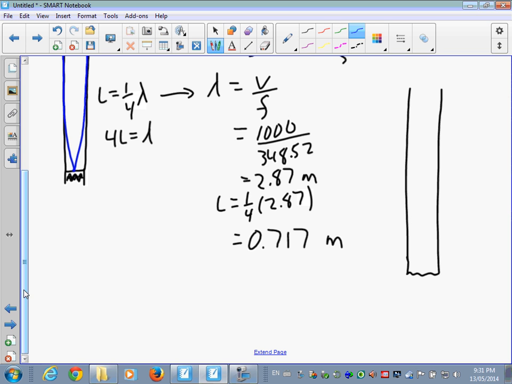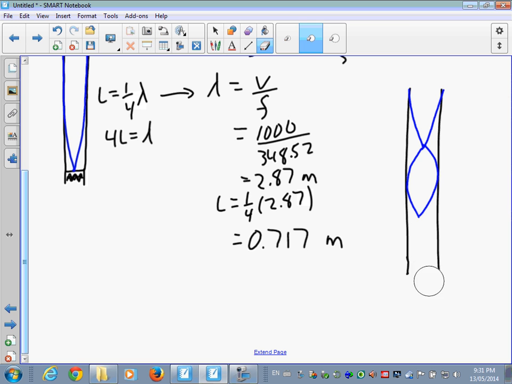So this is what we had, 71.7 centimeters, and this will keep going. I'll readjust my diagram a little bit here. At this point, this is at 71.7 centimeters.